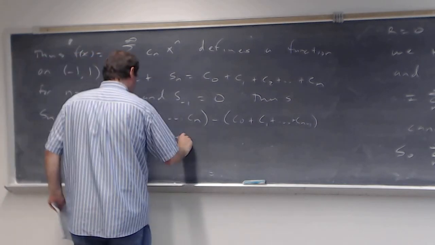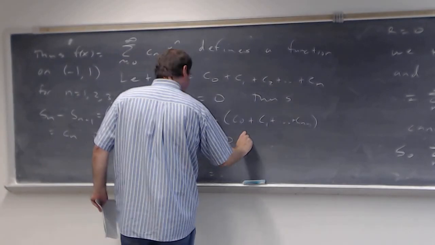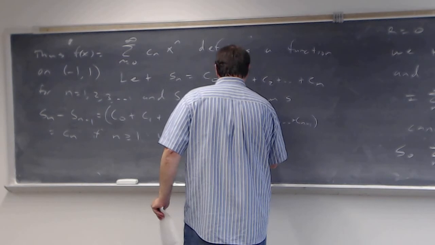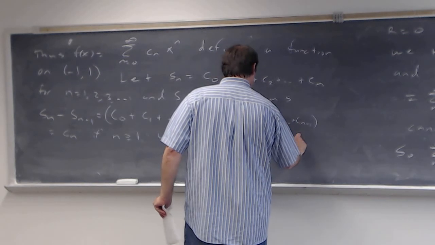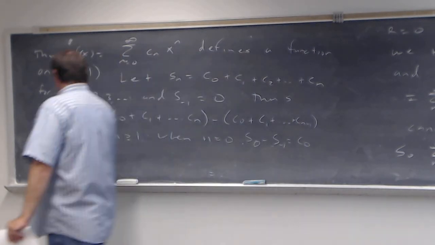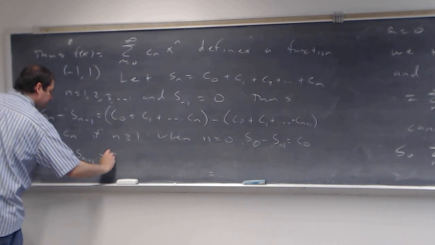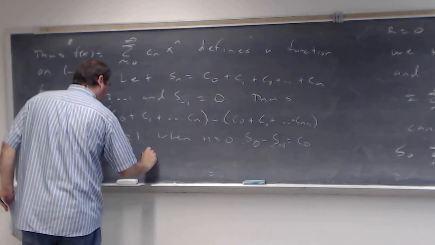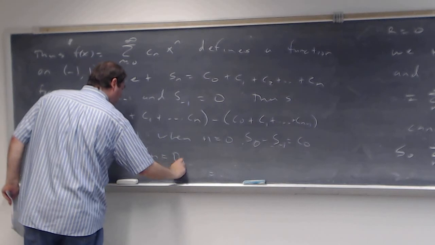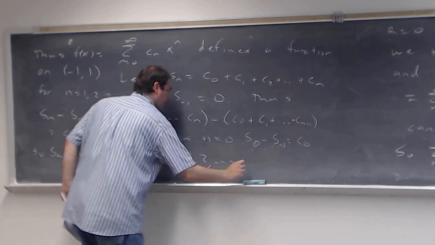When n equals 0, s sub 0 minus s sub minus 1 is equal to c sub 0. So what we get is s sub n minus s sub n minus 1 equals c sub n. And that's true for all n equal to 0, 1, 2, forever.